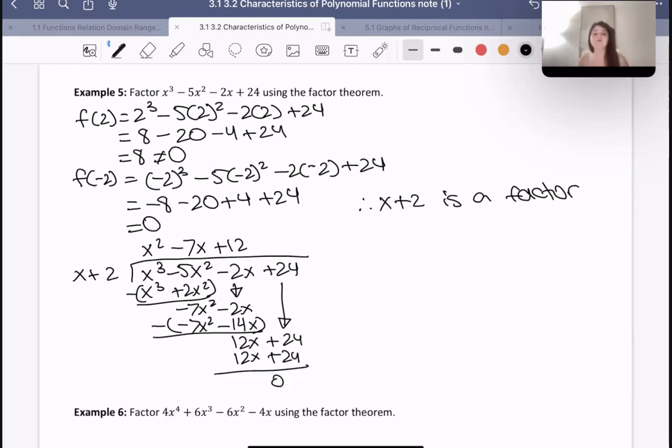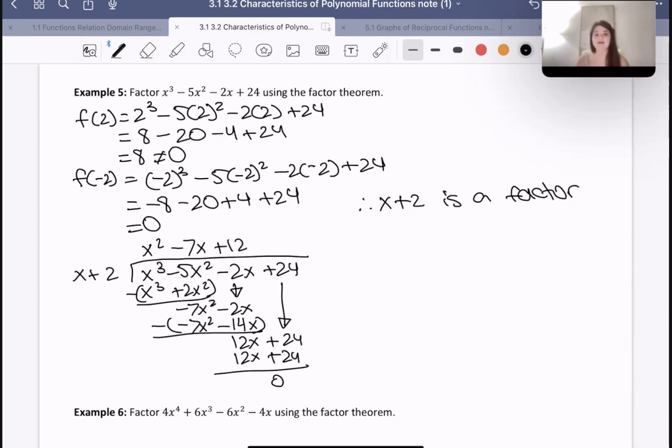Now, I do want to point out that let's say we hadn't gotten 0. That would mean in this situation that we had done something wrong. Because we proved based on our factor theorem or our remainder theorem that we should get a remainder of 0 when we do this division.